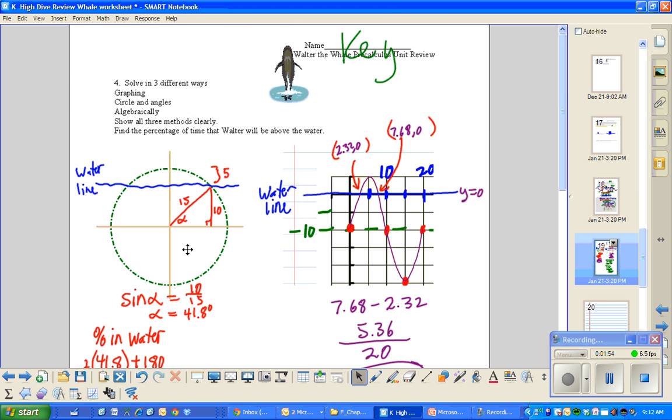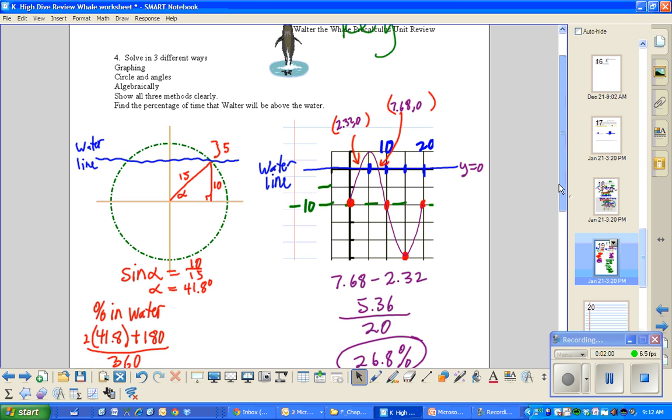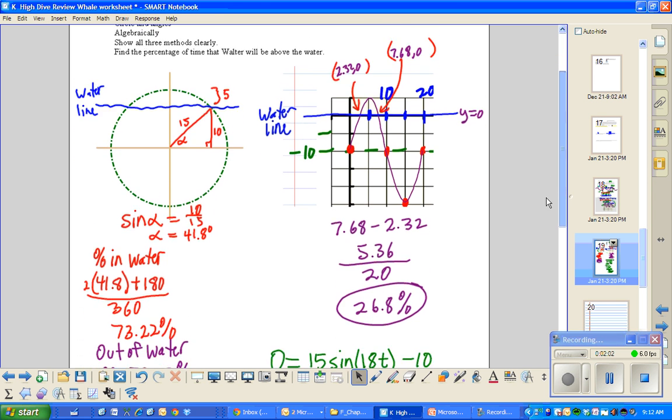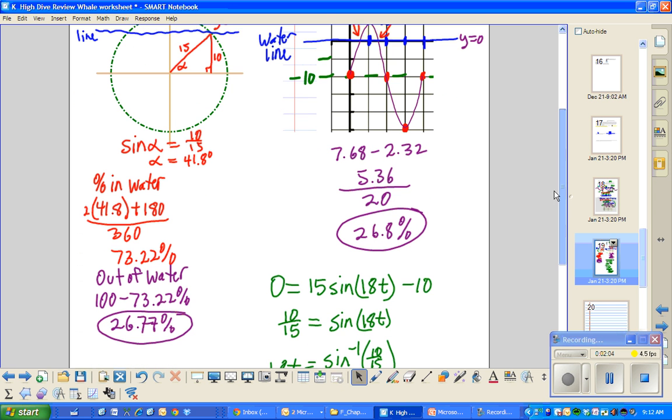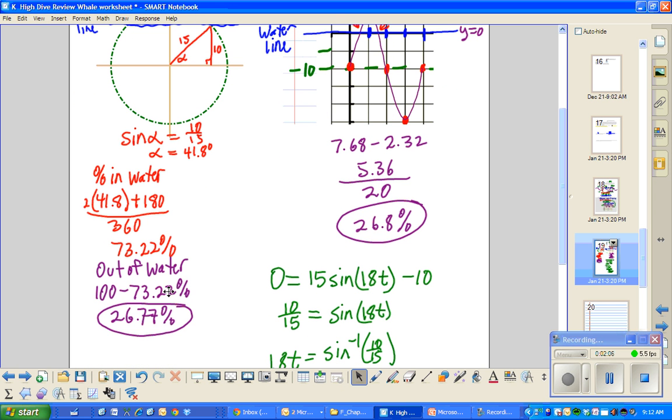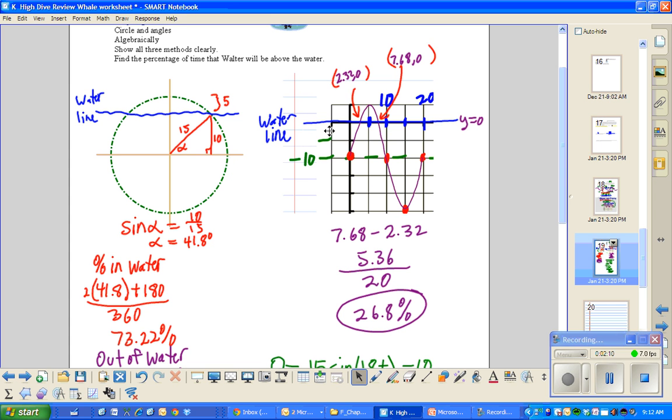Here is like the Ferris wheel, and 5 units down is the water, and I did my triangle. It's kind of like the fence problem. And it turned out that it was 26.77% out of the water. I could also use the graph, and then I have the water line, and here's the time that it's out.